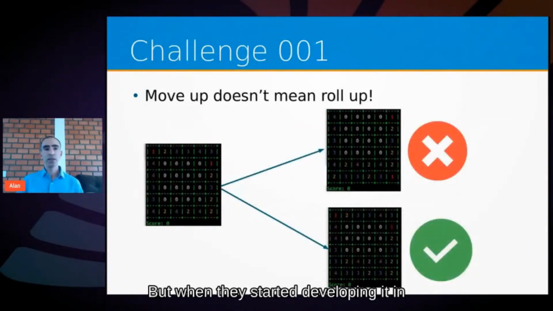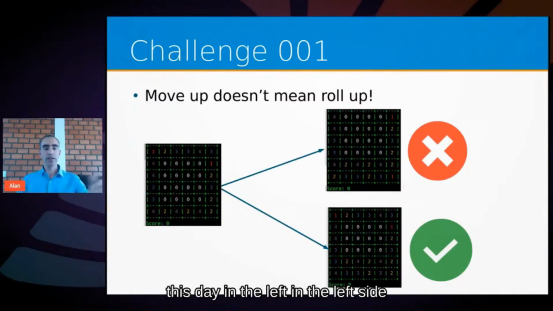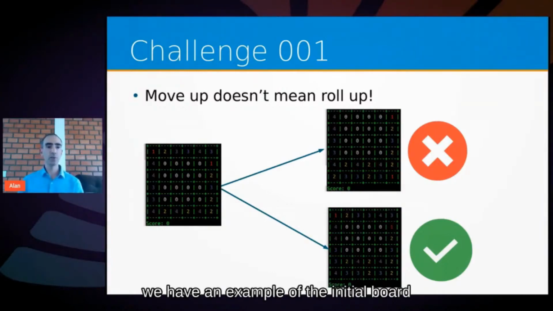But when I started developing it on the first day, I faced many issues that I didn't imagine before starting it. For example, on the left side we have an example of the initial board game.